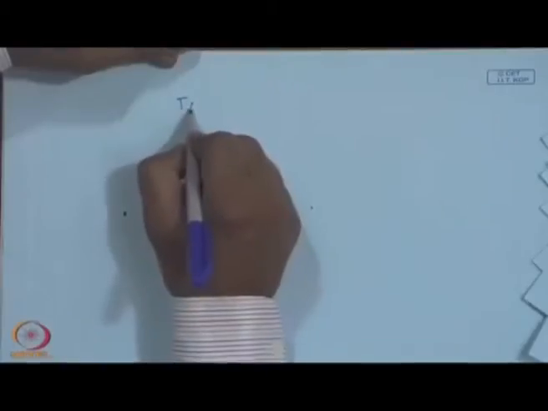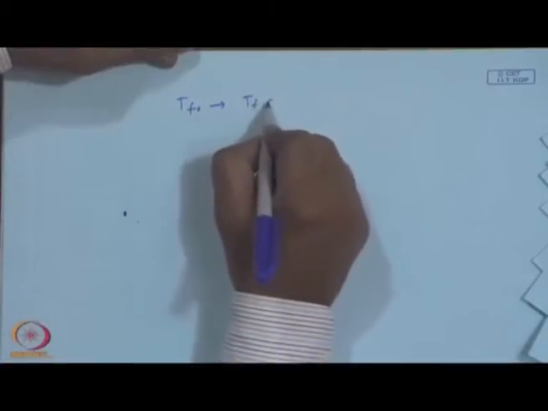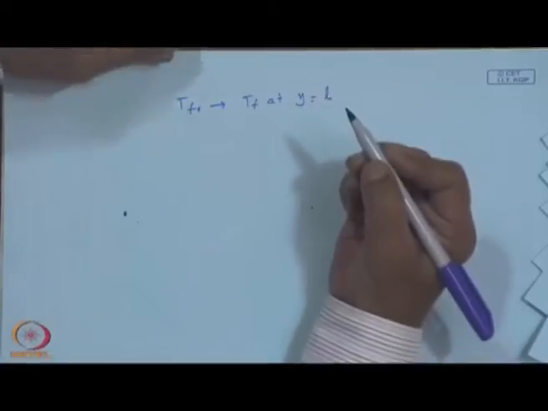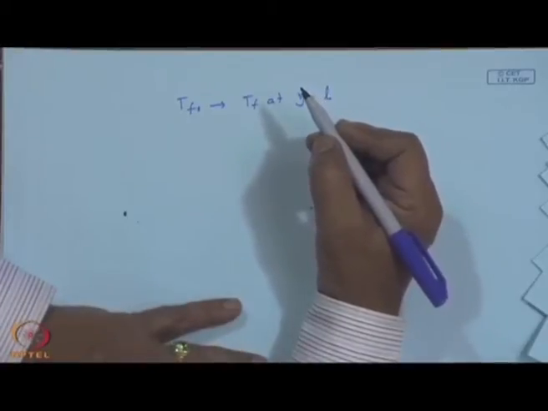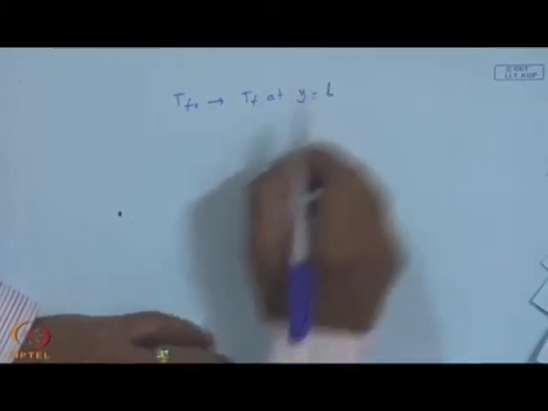So, if I want to estimate my exit temperature, T f o is nothing but T f at y equal to L. If L is the length of the solar collector tube, then at y equal to L, T f will be the exit temperature T f o.